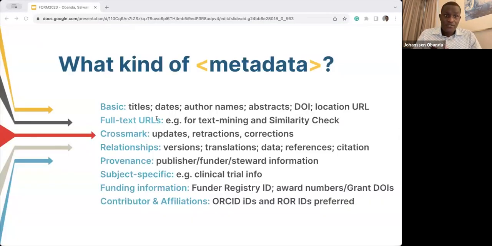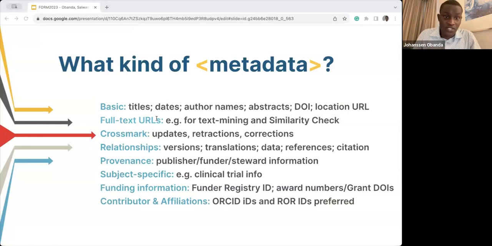And when registering their content, members supply us with a wide range of metadata. Basic metadata include things like titles, authors, publication dates, issue numbers, ISSN, ISBN, anything that describes the content you're registering.